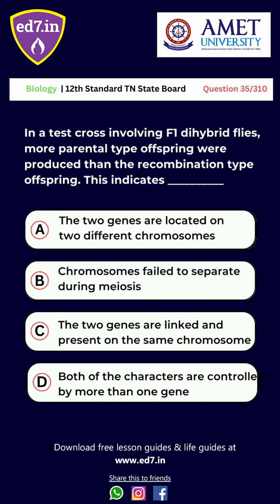B, chromosomes failed to separate during meiosis. C, the two genes are linked and present on the same chromosome. D, both of the characters are controlled by more than one gene. And the right answer for this question is option C. The two genes are linked and present on the same chromosome.